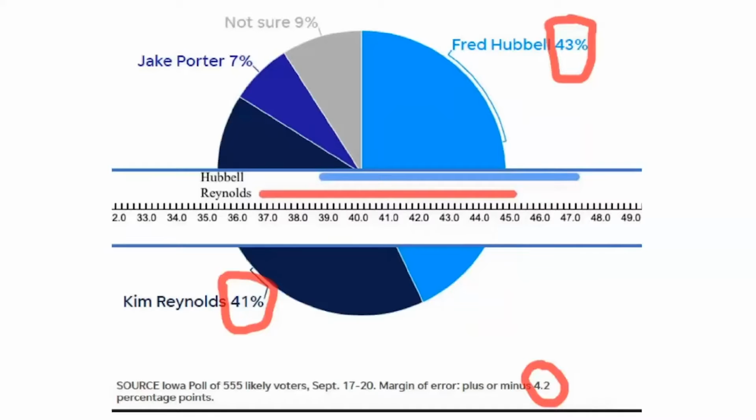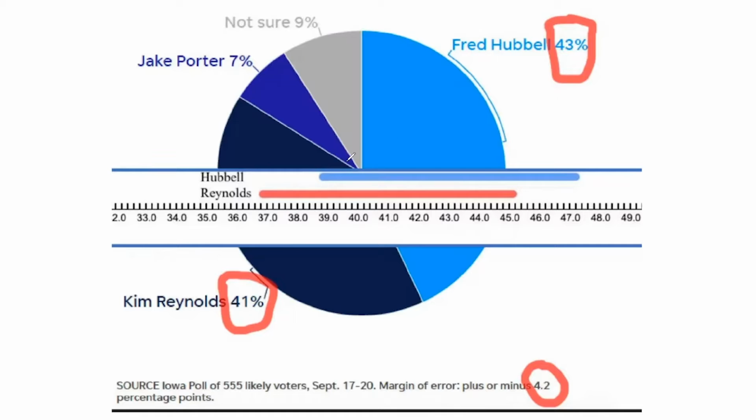So here's what I saw. Here's the article. I noticed that Hubble was at 43 and Reynolds was 41. I found the margin of error. I added and subtracted it. The blue bar on top is Hubble's possible support. I'm 95% sure he's in there. And then the bottom bar is Reynolds' support, and I'm 95% sure that she's there.